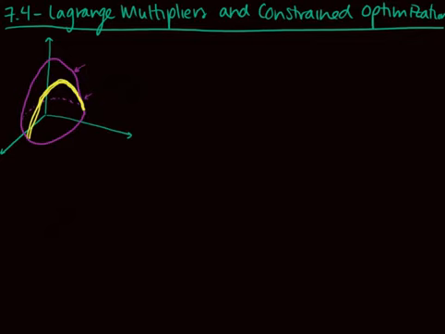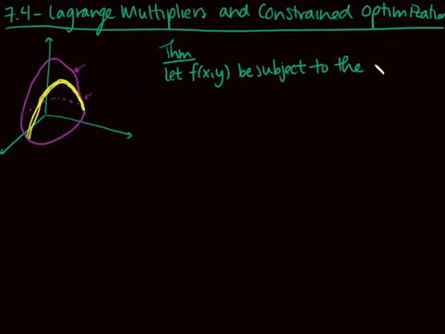So let's just jot down this theorem, and you can do this in your book. I'm just going to do a quick theorem of this. Then we'll just do two examples and probably call it good, because you can look at the rest of the examples in the book. So let f of x, y be subject to the constraint.